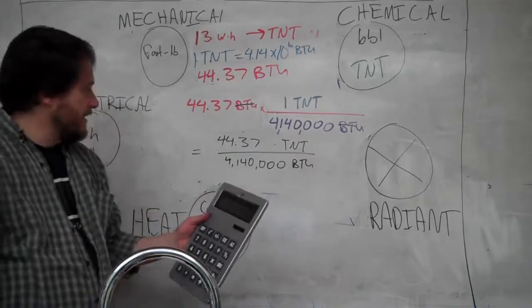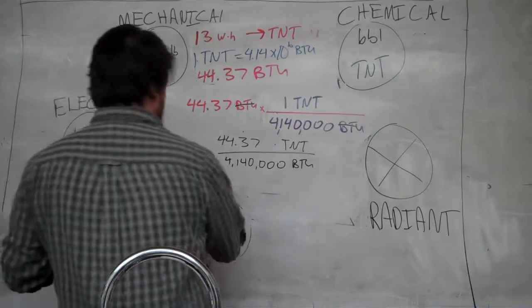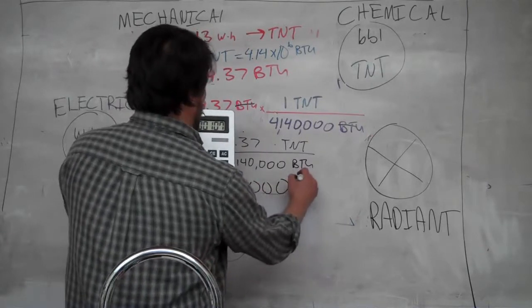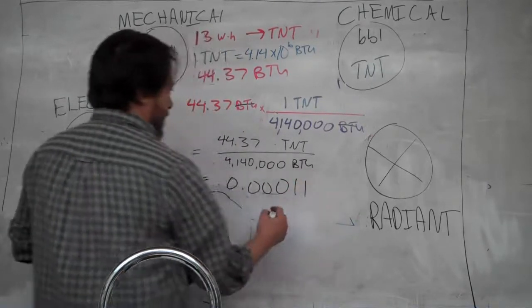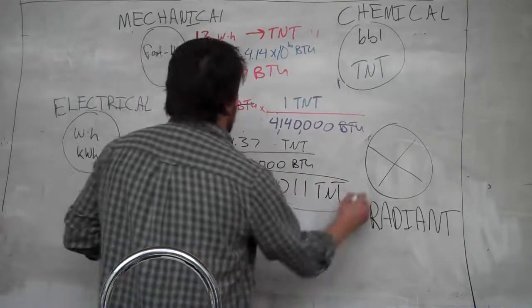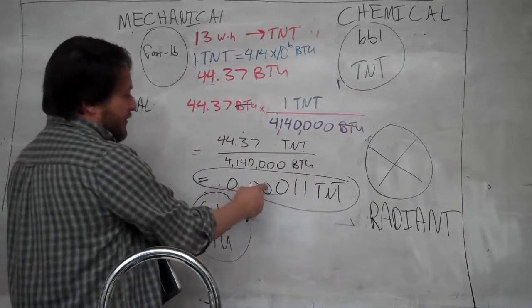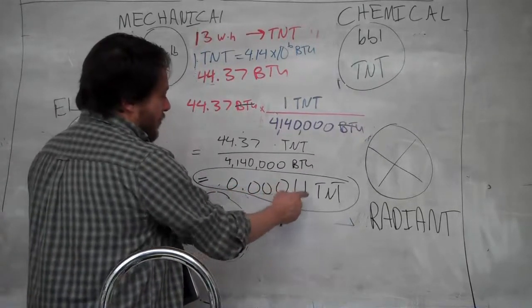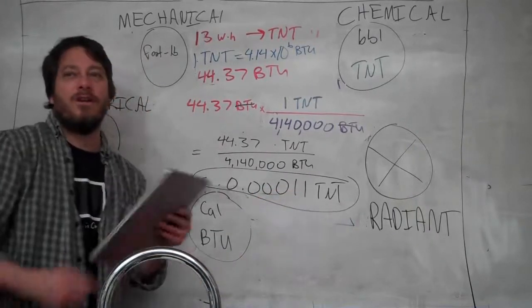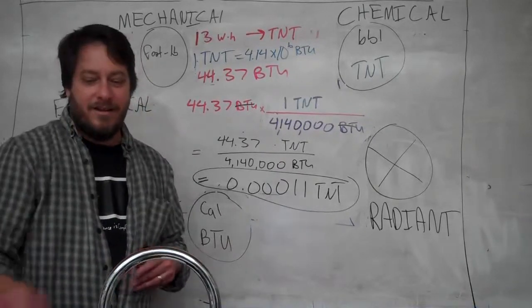Ooh, and that's going to give us 0.00001 TNT. So 13 watt hours equals 0.00001 TNT, or about 1/100,000th of a ton of TNT.